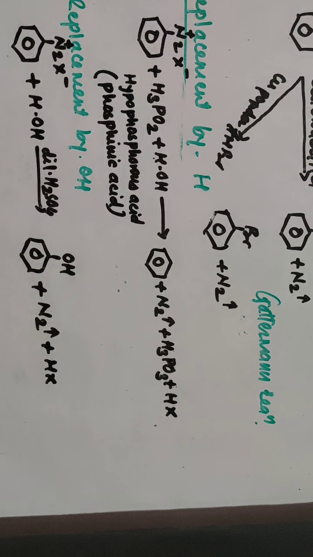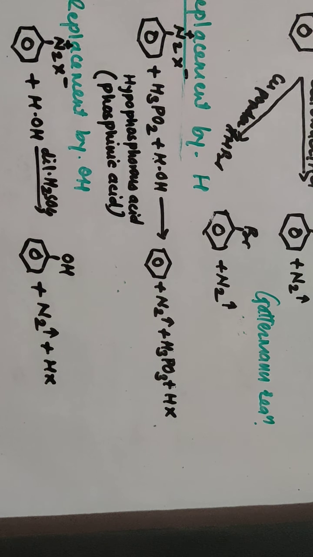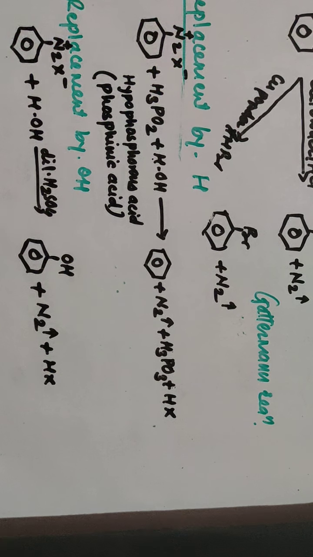So every time in reactions of diazonium salt, the diazonium group is replaced by a nucleophile, and there is a formation of nitrogen gas also as a side product. So these are the reactions of diazonium salt. Next time we'll see the coupling reaction.